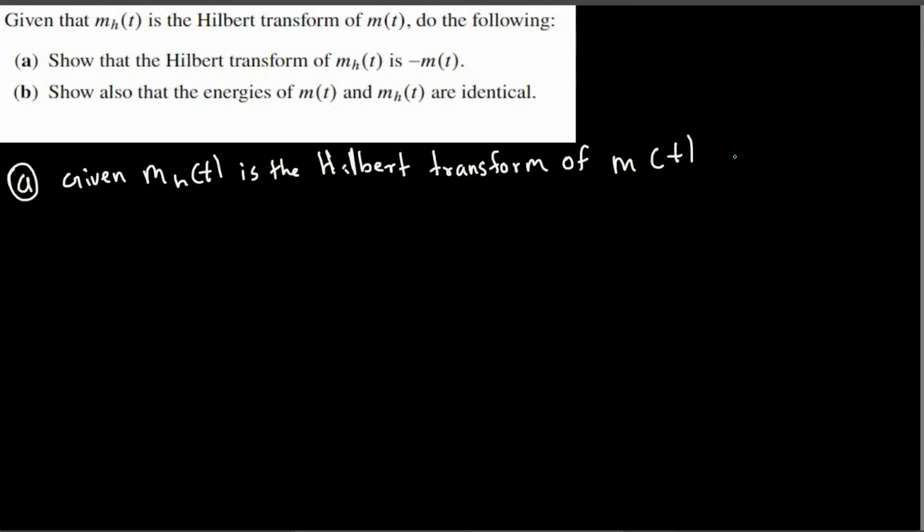Given MH of T is the Hilbert transform of M of T, from the property of Fourier transform.